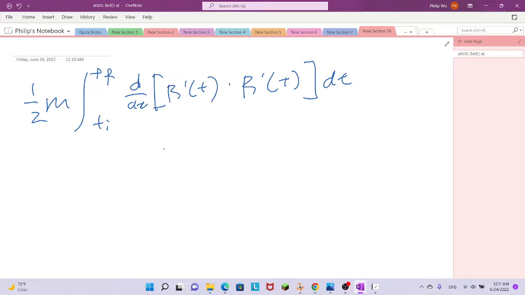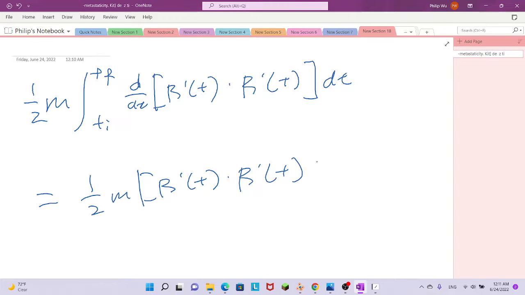It's the integral of a derivative. So that's simply the difference in the parent function, which in this case is the first derivative of r dotted to itself. So this is simply 1/2 r dot(t) dot r dot(t) evaluated between these two points of time.